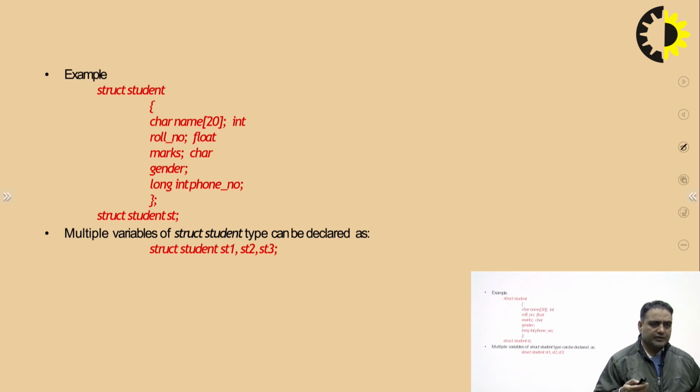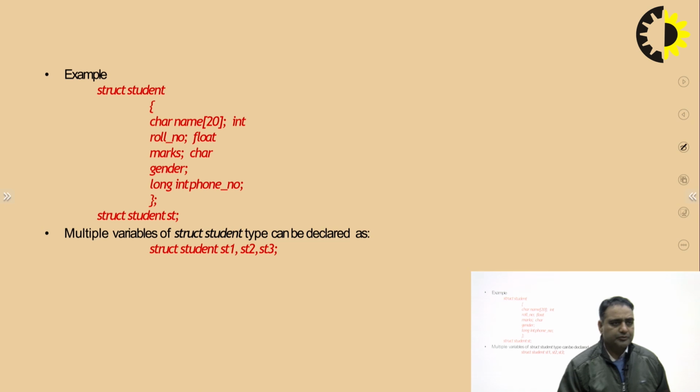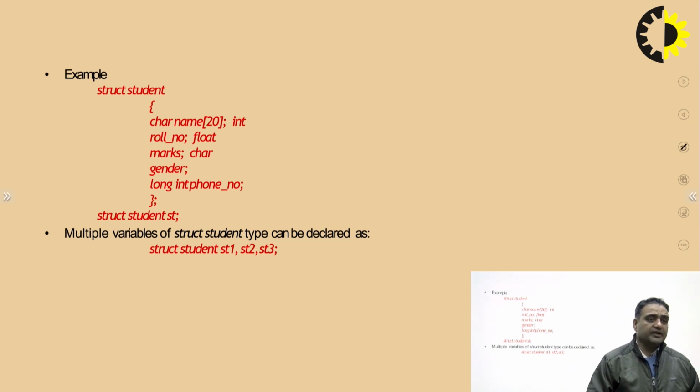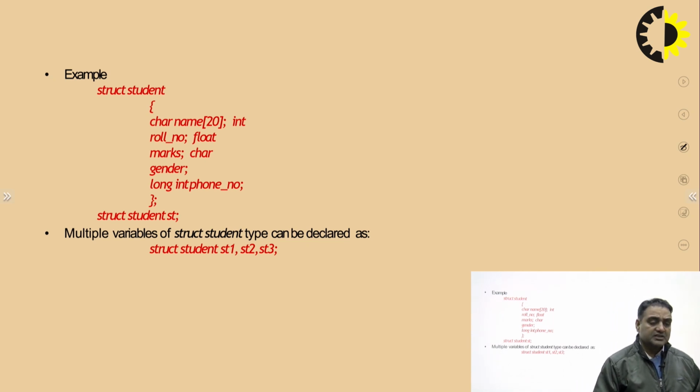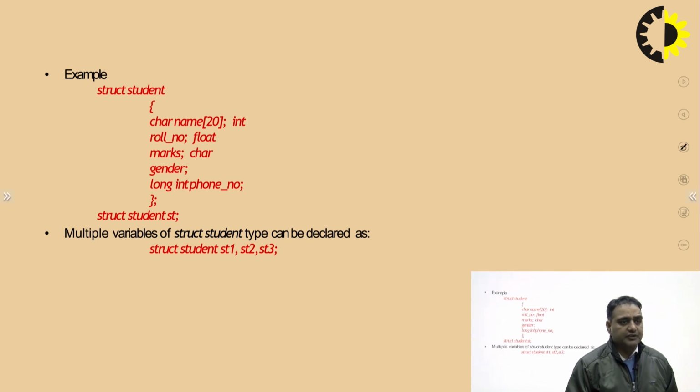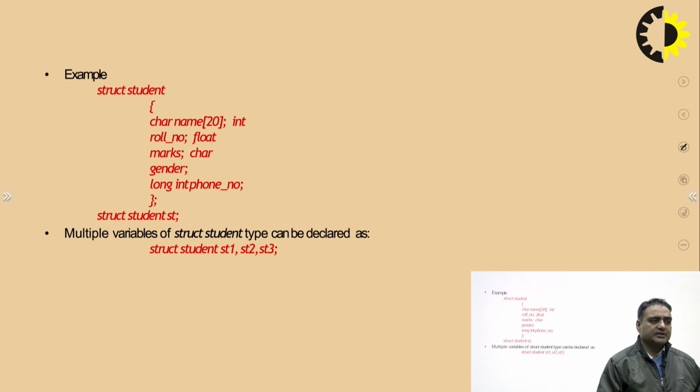When declaring a structure variable in our program, before mentioning the variable we always write struct and then the struct tag name. In this example you can see struct student and st. The st is a structure variable.